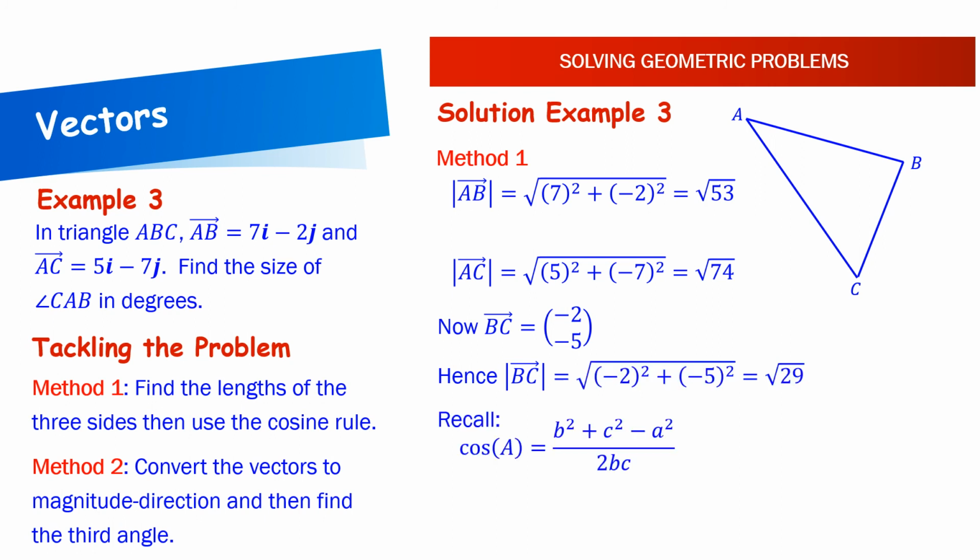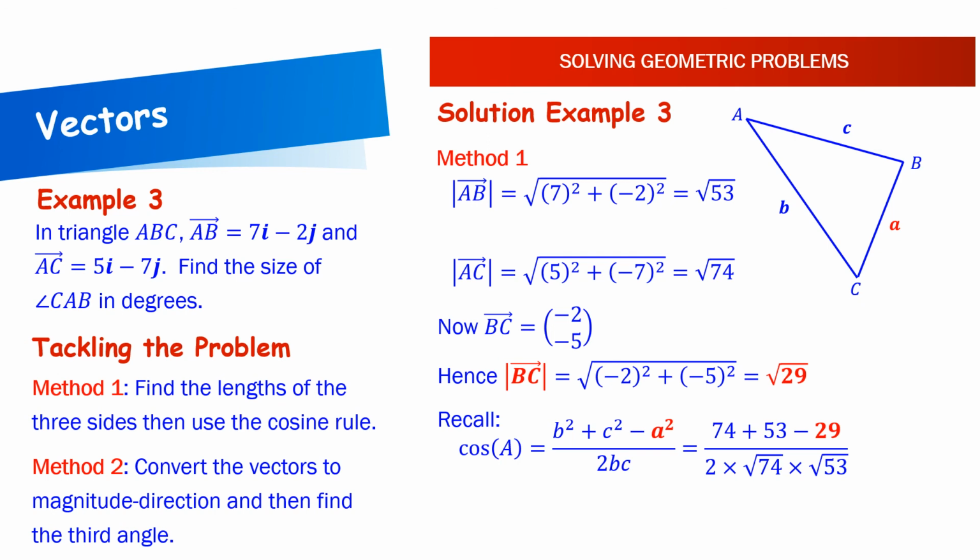Now recall the cosine formula. We're going to plug in the values of little a, little b, and little c into this formula to find cos A. So here's little b, which equals root 74. It's opposite the angle capital B. Here's little c. It's opposite the angle capital C. The length is mod AB, and it's equal to root 53. And here's little a.